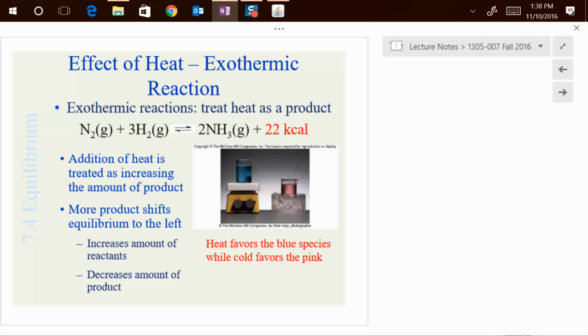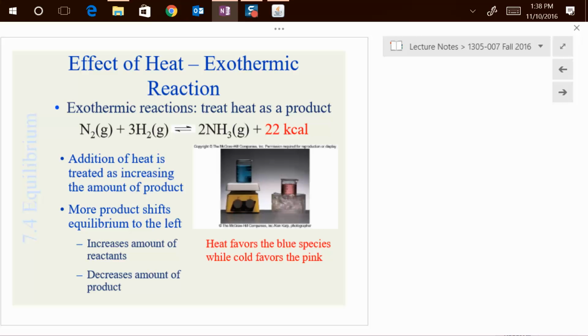Well, if it's an exothermic reaction, then the energy needs to be written as a product. If it's an endothermic reaction, I need to write the energy as a reactant. Because it's absorbing energy, endothermic, it's a reactant. It's releasing energy, exothermic. Okay? It is a product of the reaction.